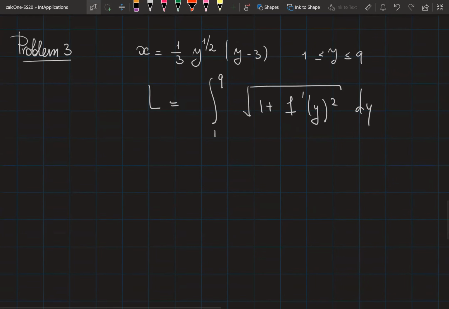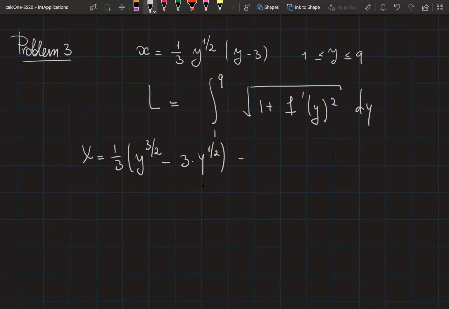So the first thing we need to do is find the derivative of this function. It's probably better for me to open the brackets first of all. So x is going to be 1 over 3 times y times y, so y in the power of 3 over 2, minus 3 times y in the power of 1 over 2, right?